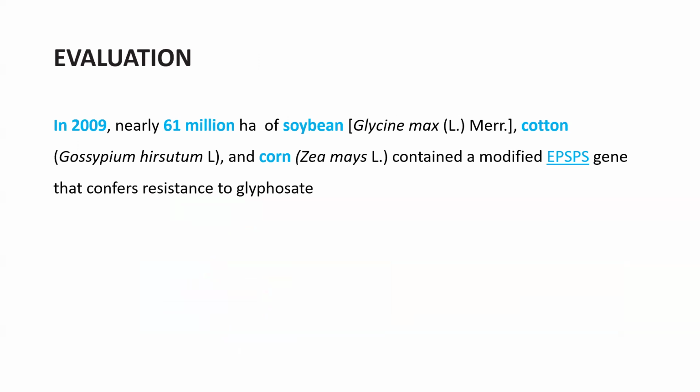Since the introduction of glyphosate-based herbicides, the area planted with glyphosate-resistant crops has grown significantly. By 2009, nearly 60 million hectares of soybean, cotton, and also corn contained a modified EPSPS gene that confers resistance to glyphosate.